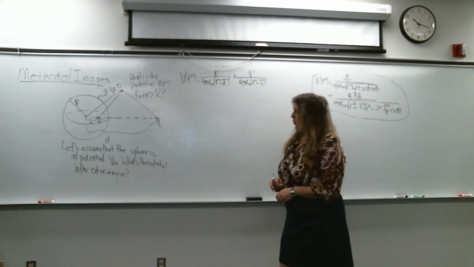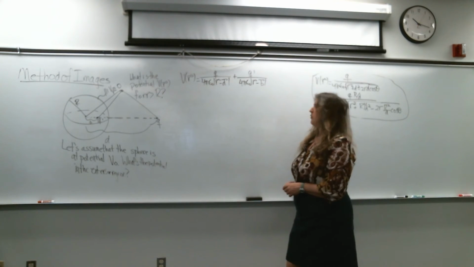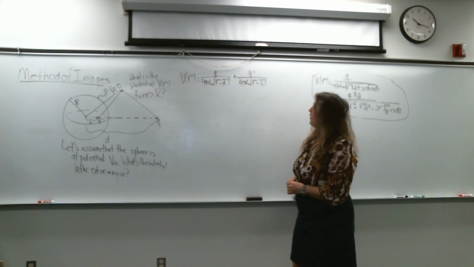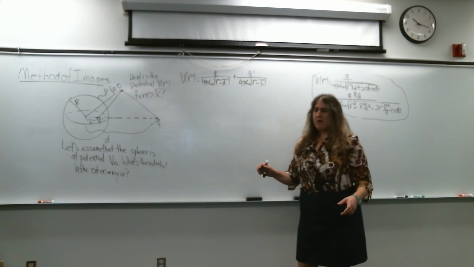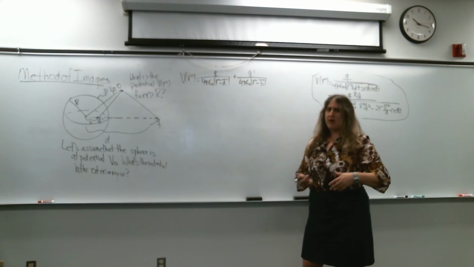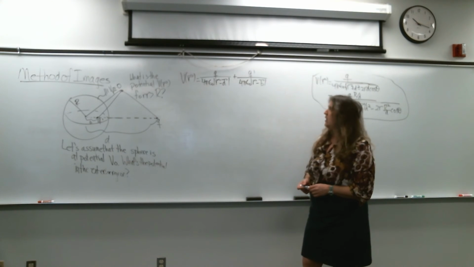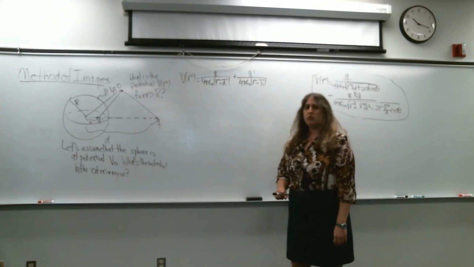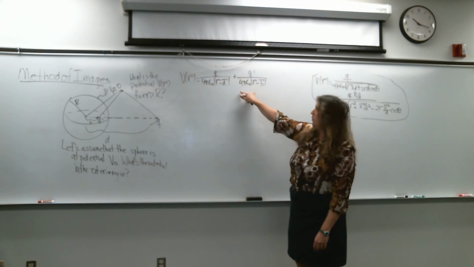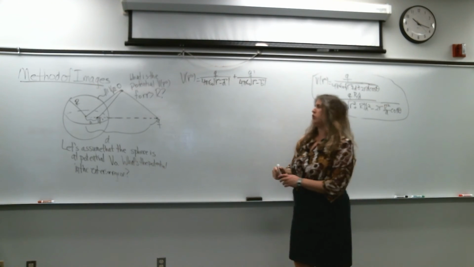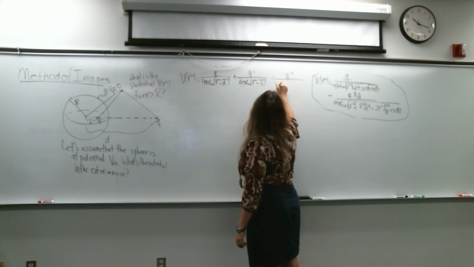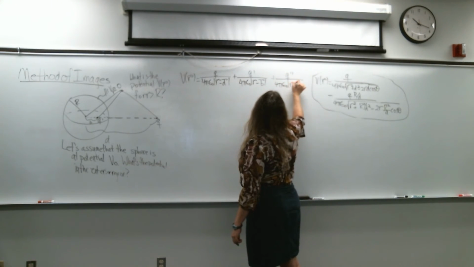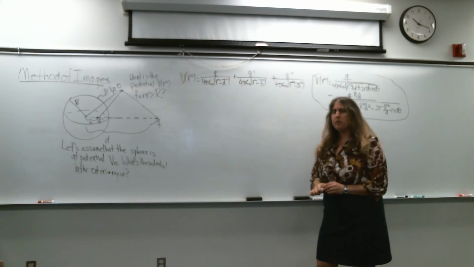Once again, you want to make use of the superposition principle. Why? Because we already solved the problem when the sphere is grounded. Now we have to figure out how to make the sphere have potential V naught. We'll use the solution I had before. That still holds. Then I'm going to have another term that accounts for the potential.